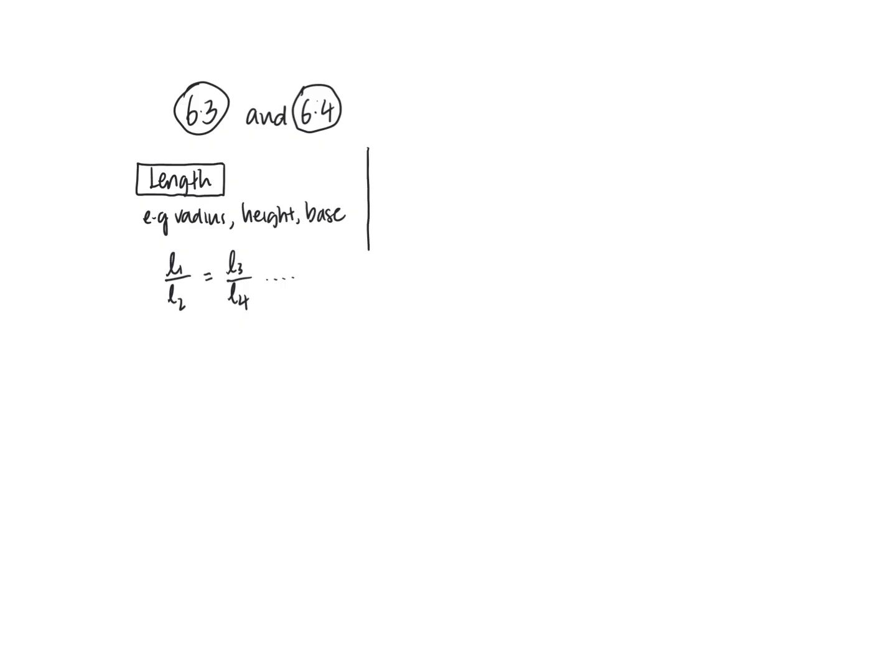But when we go 2D, that means we go into area. Then when you want to find the ratio of two different shapes that are geometrically similar, you basically square the ratio. Because it's two-dimensional, now you multiply the length by itself.